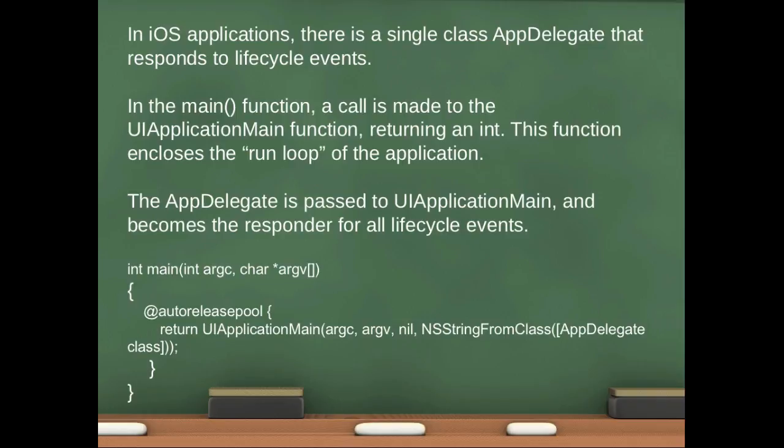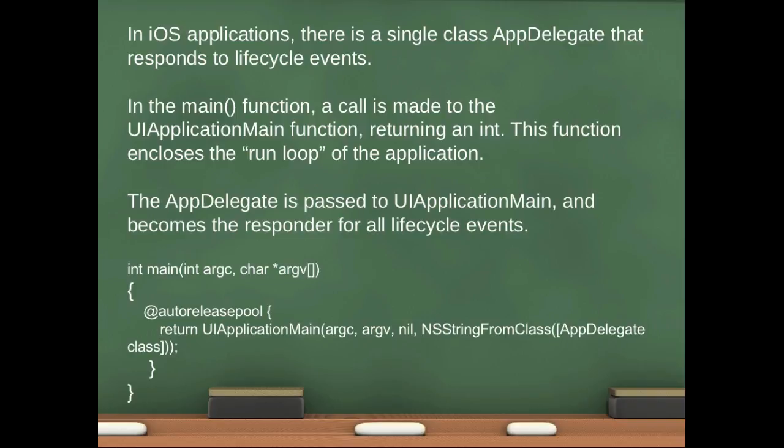We pass in the AppDelegate as a string to the application name parameter. So when we say we pass in the AppDelegate name, we use the method NSStringFromClass, passing it the AppDelegate class. And that is really what tells the run loop, the UIApplication, to use AppDelegate as the responder for all lifecycle events.